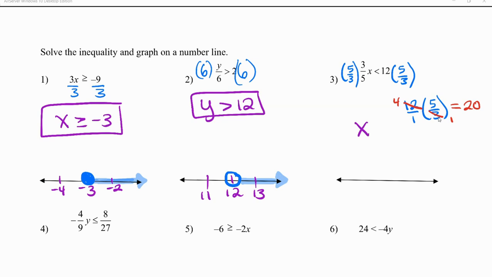So we get x is less than 20. Open at 20, less than, shaded to the left.